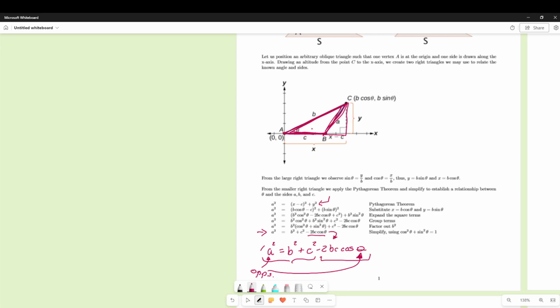So this angle theta and that side A. So however you end up labeling the particular problem, what the law of cosines is equal to is the square of the side length opposite the angle that you're using. And the B and C are just the other sides.